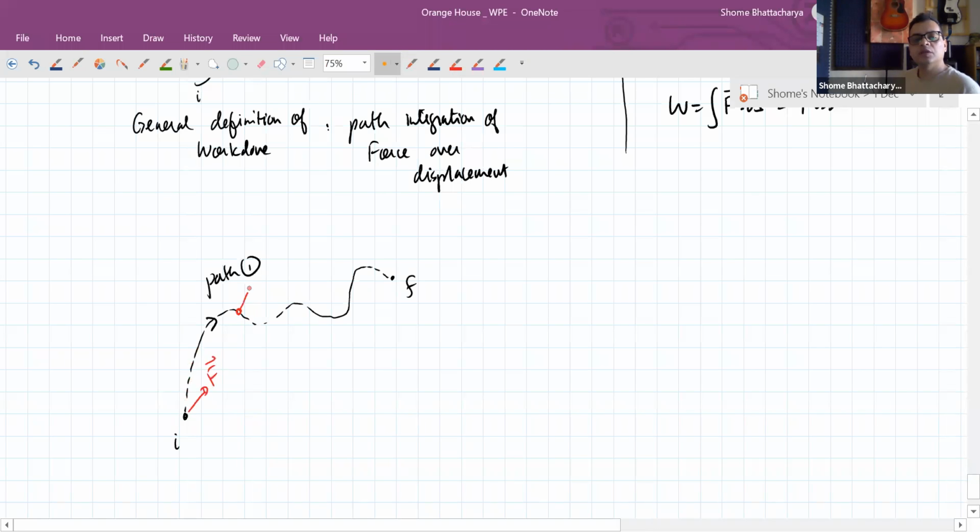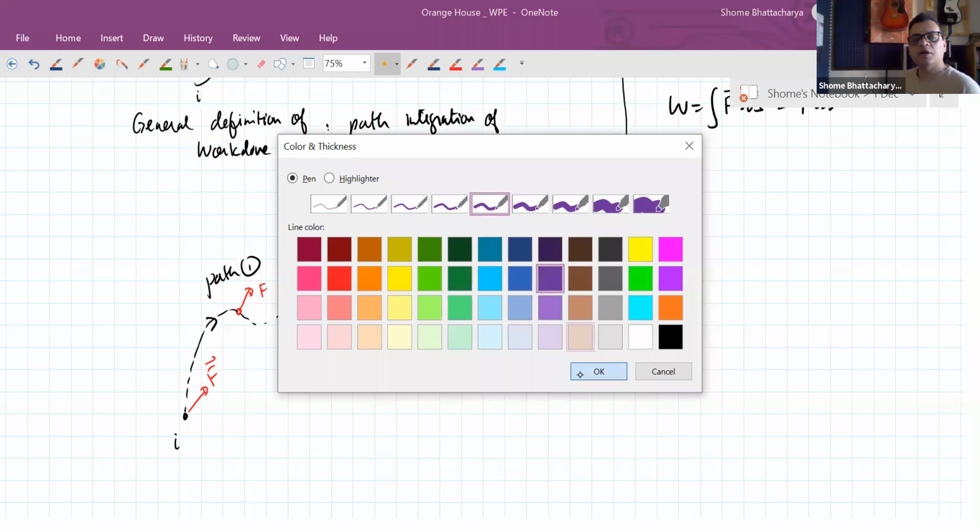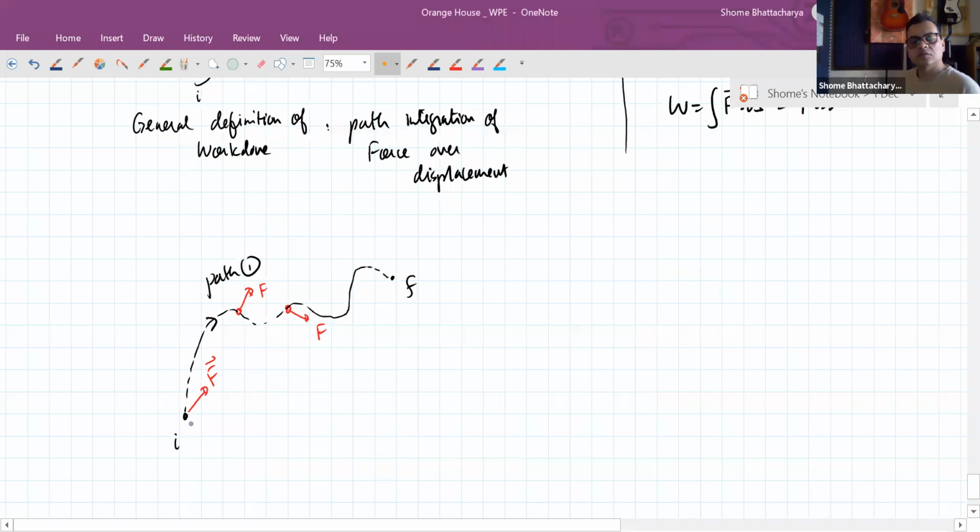As the body is moving, the force need not be constant, so force can be variable. And then I'm repeating the same operation by another path. That path is like this, and during that path the force is again varying like this.